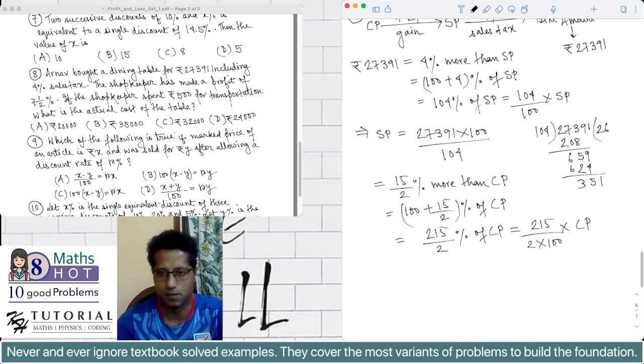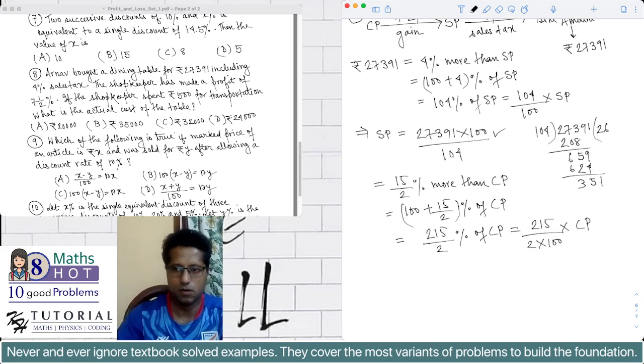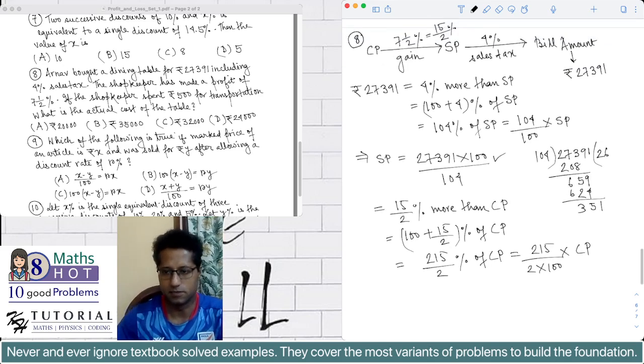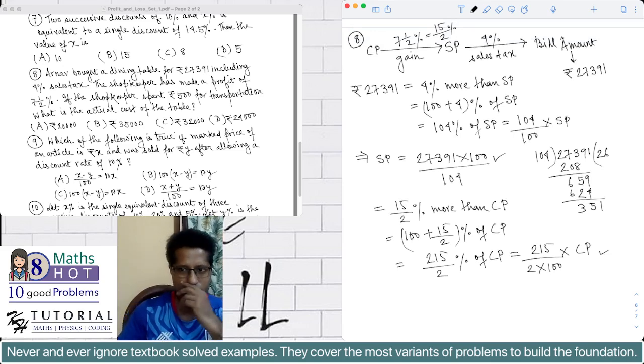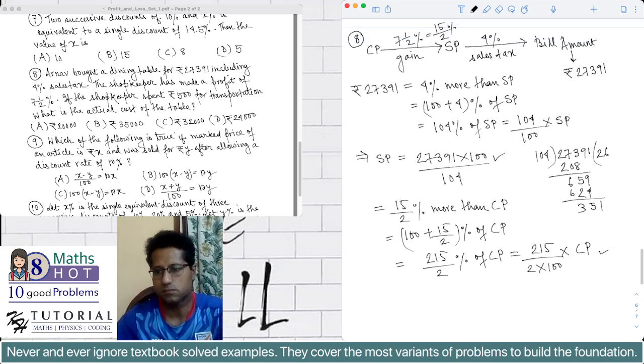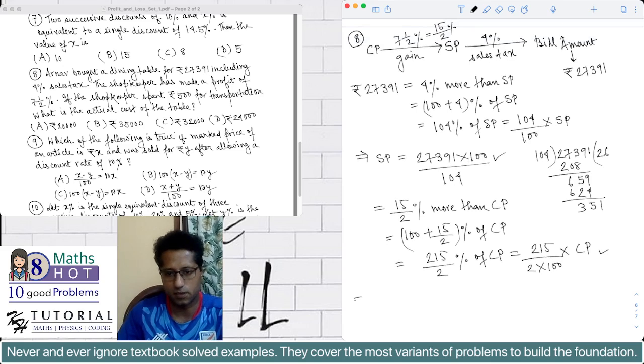This is SP, and also from the sales tax we can say SP is equal to this. Now we will equate. So we must have 215 multiplied by CP divided by 2 into 100 equal to 27391 multiplied by 100 divided by 104.